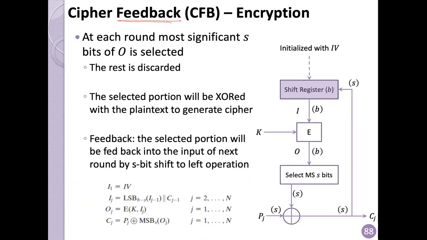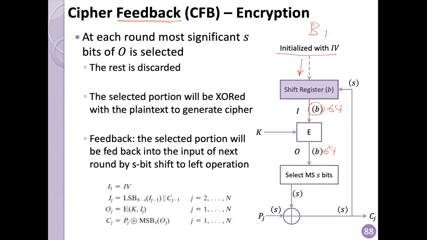Here, again, let's assume that this is block number 1. The initialization vector comes, it applies, and then we get something B bits. B here is the size of the block, which is 64 if we assume DES. We encrypt it, and it gives us another B bits, 64 for DES.